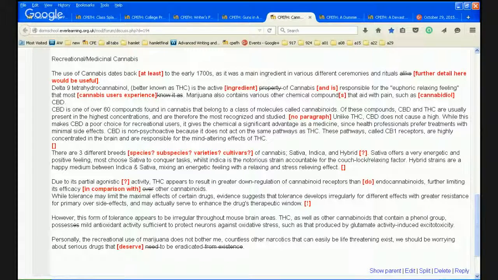It was used as a main ingredient in different ceremonies and rituals alike. The "alike" didn't work for me there, because usually that's balancing something against another thing. But I'd like to know whose ceremonies and rituals we are talking about. Like ancient tribes and whatnot. Can you give me a continent?